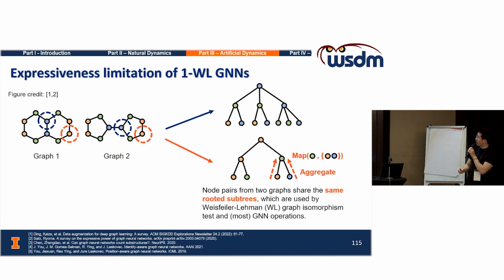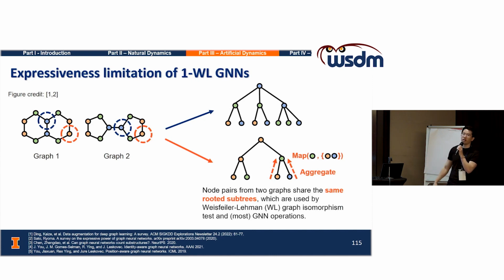The difference is that the Weisfeiler-Lehman test holds a multiset like this, but graph neural networks usually do some aggregation, like summing them together. This summation is not as powerful as the multiset representation. On the other hand, the mapping function applied by graph neural networks is usually an MLP, a feed-forward network, which in most cases is not as powerful as the hash functions used by the Weisfeiler-Lehman test.